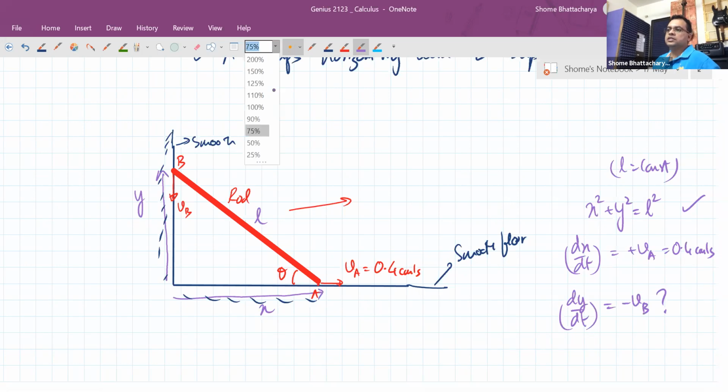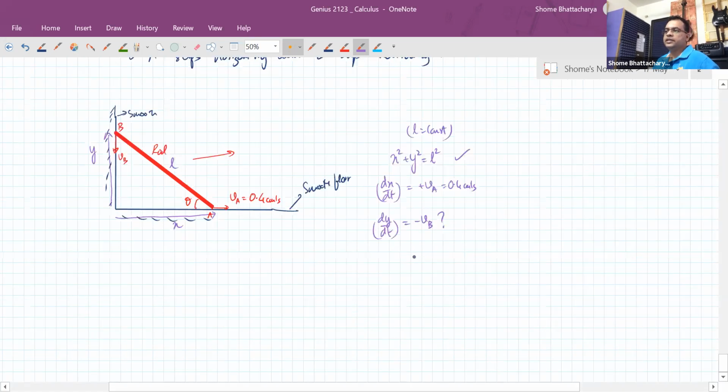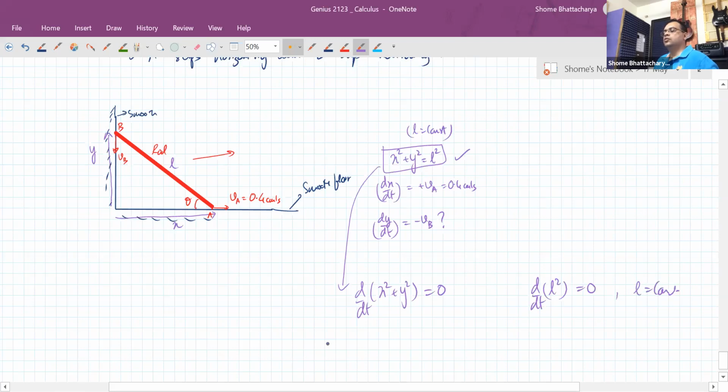Okay, so are these two equations clear, dx by dt and dy by dt? Yes, sir. Now if I apply differentiation to this, the rate of change of x square plus y square should be 0, because the rate of change of L square is 0, as L is a constant. So the differentiation of x square with respect to time plus the differentiation of y square with respect to time should be 0.